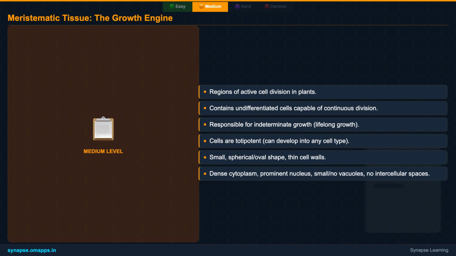This ability, called totipotency, ensures that plants can grow indefinitely, continuously forming new organs and repairing themselves. These cells are small, packed with dense cytoplasm for high metabolic activity, and have a prominent nucleus, signifying their active role in cell division. They also lack large vacuoles and intercellular spaces, features optimized for rapid and continuous growth.